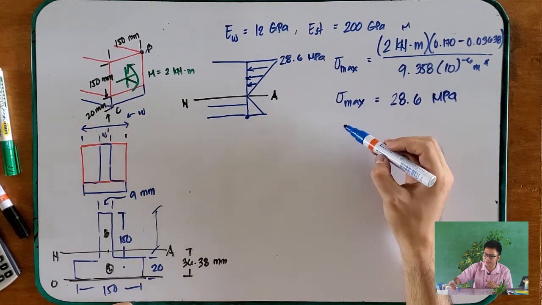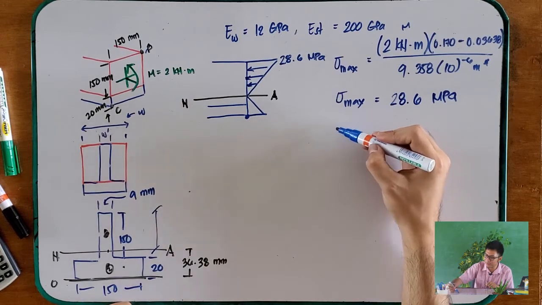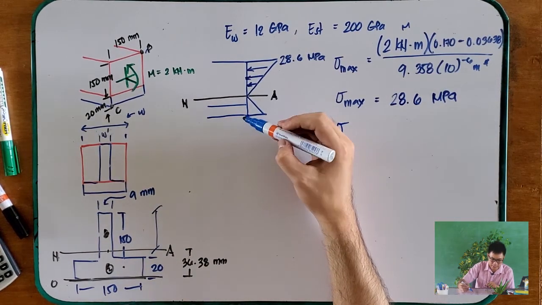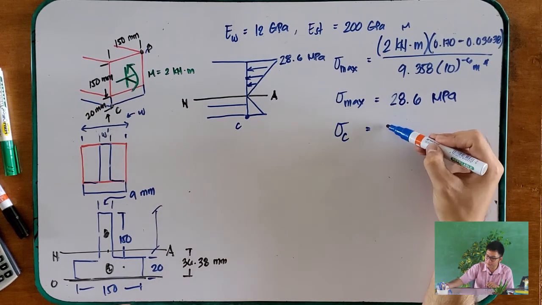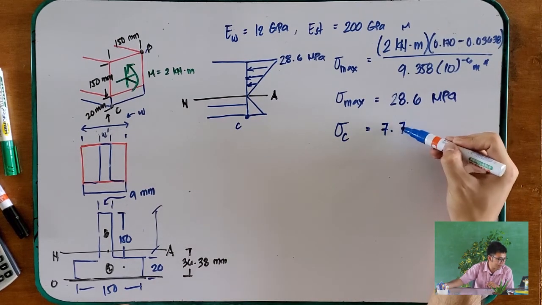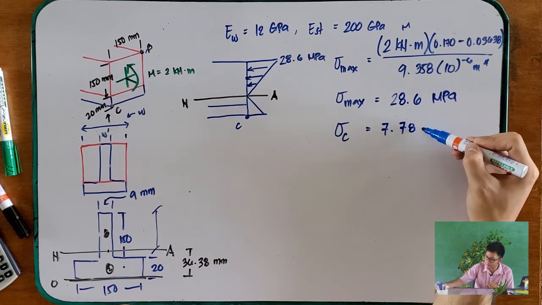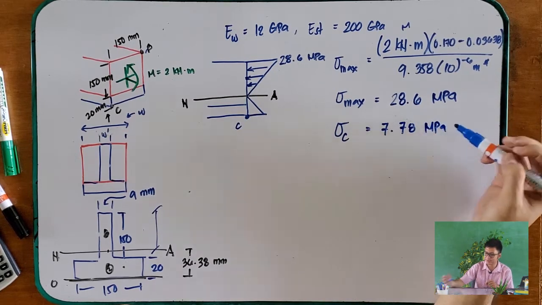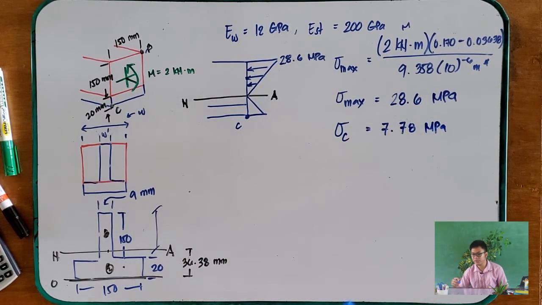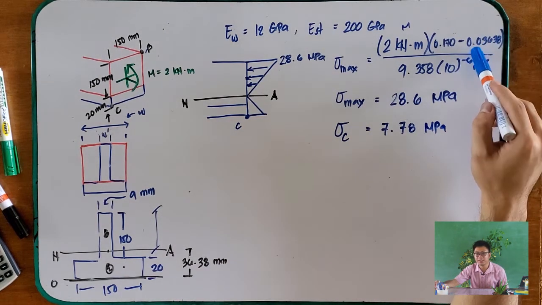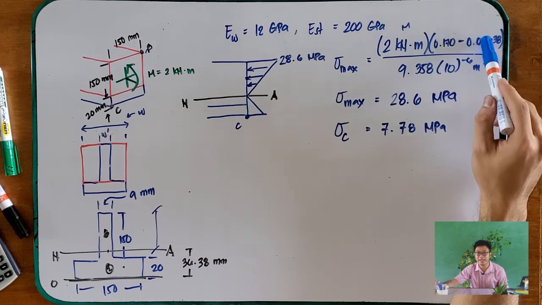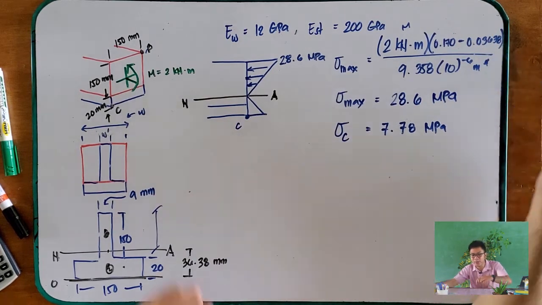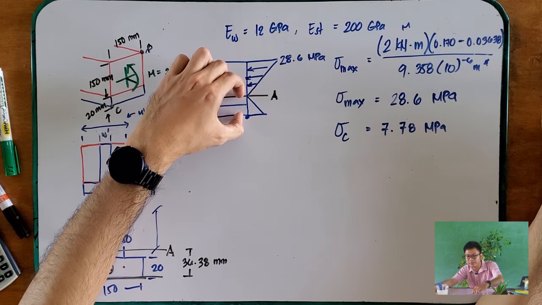So, you will get ang imong shear diri sa, let's say this is C, is equal to 7.78 megapascals. You're still using this equation but instead of using your C, what kay imong gi Y, my over I. Kay ang Y mo aning 36.38.